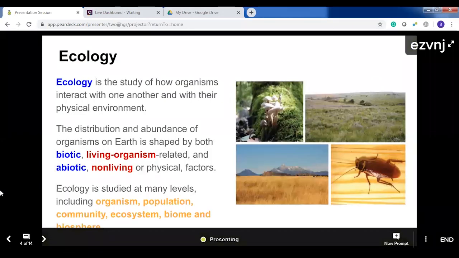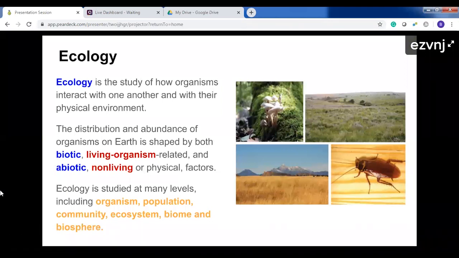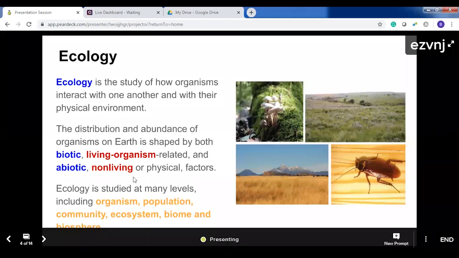Now, like we said, ecology is a branch of biology which studies how organisms interact with each other and with their environment, with their surroundings. Now, the distribution of all the living things on Earth is shaped by biotic factors, which are living organisms, and abiotic factors, which refer to non-living things. Ecology is studied at many levels, including organism or species, population, community, ecosystem, biome, and biosphere.